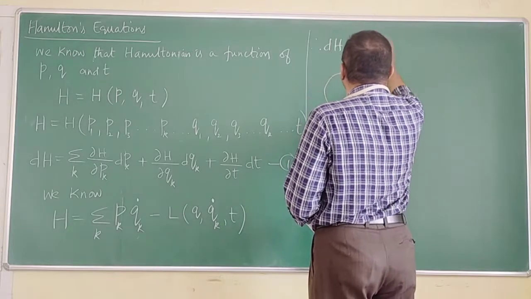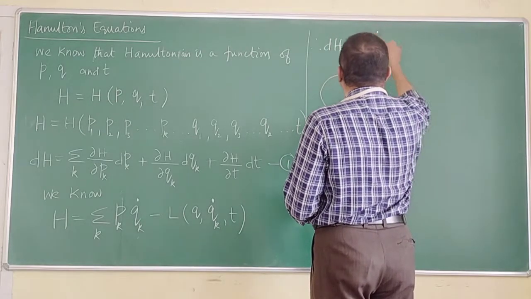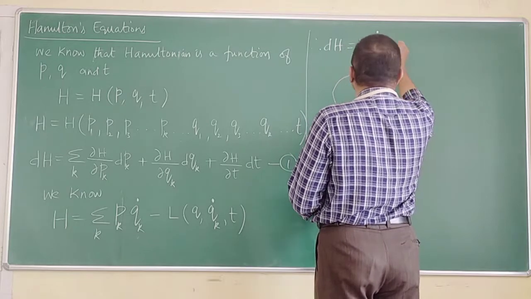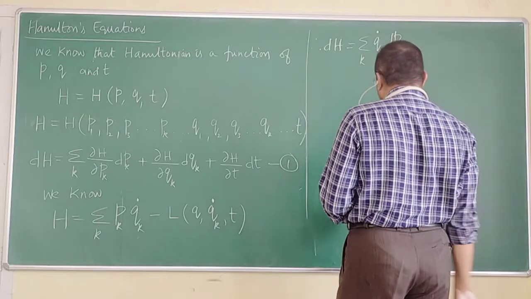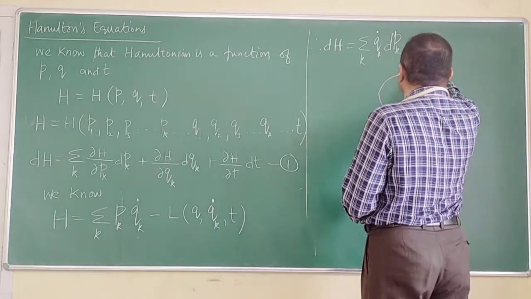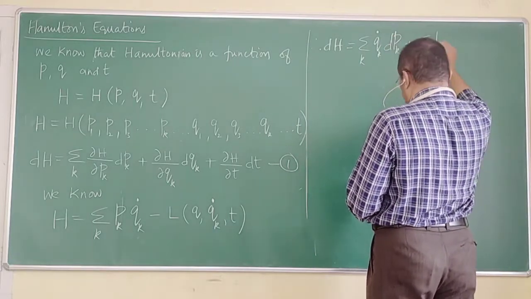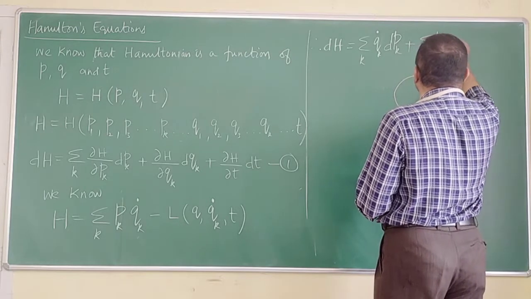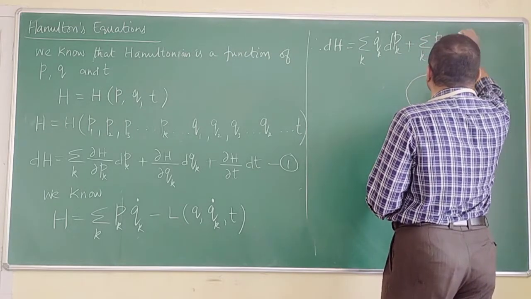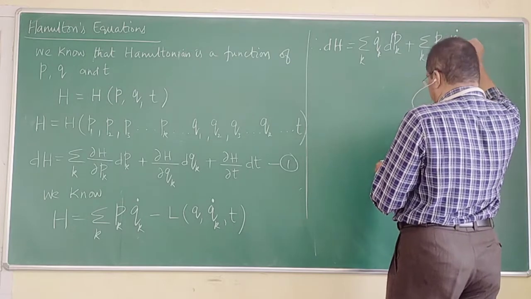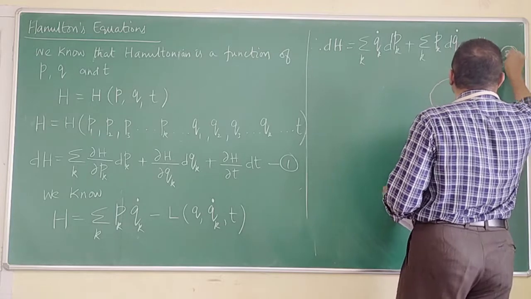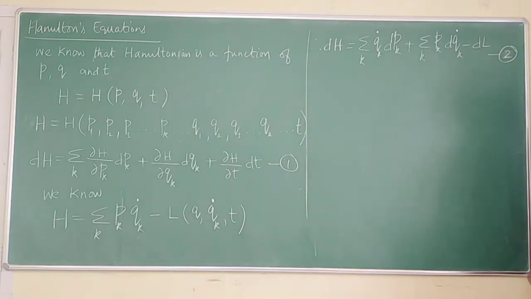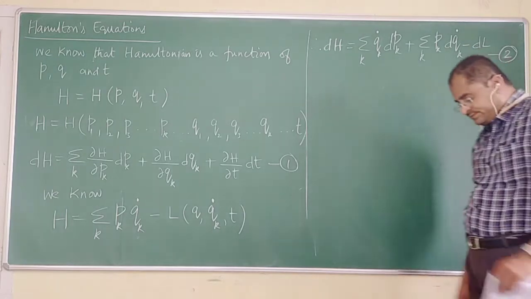Sigma k, q dot k, I am keeping it as a constant, dp_k, plus sigma k, p_k is a constant, d(q dot k) minus dL. Let this be equation 2 for me. Clear?